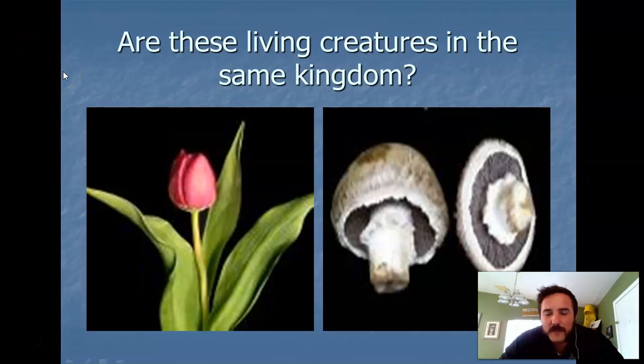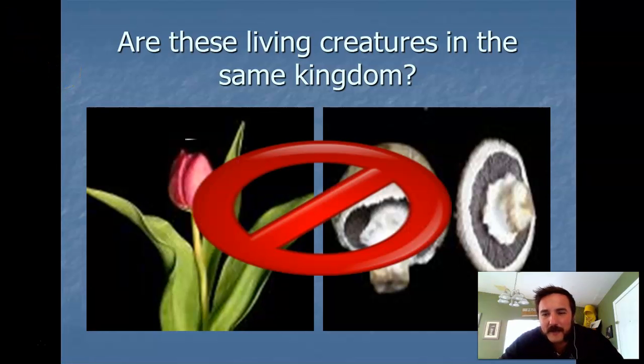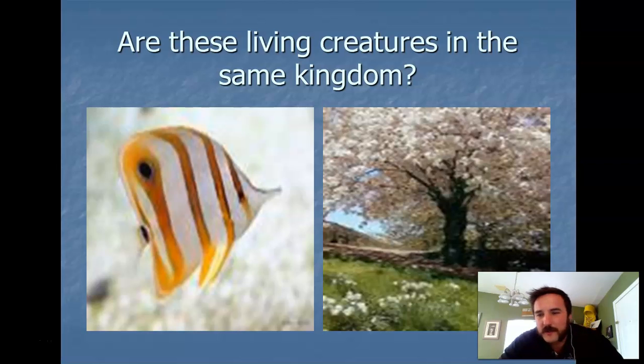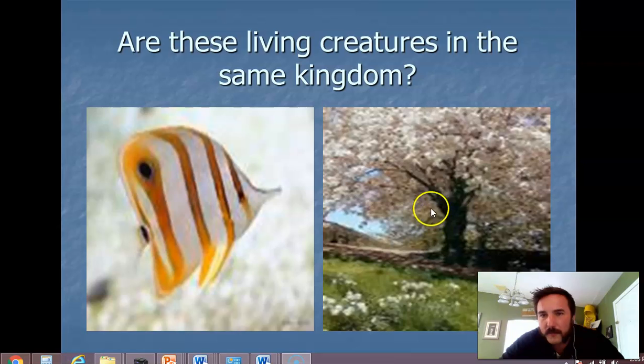So they're both living things, but they would not be in the same kingdom. Same with the fish and the tree. Both made of cells, both living things, but this is an animal, part of the animal kingdom, and this is a plant, part of the plant kingdom. So, yes, they're alive, but they're also very different.